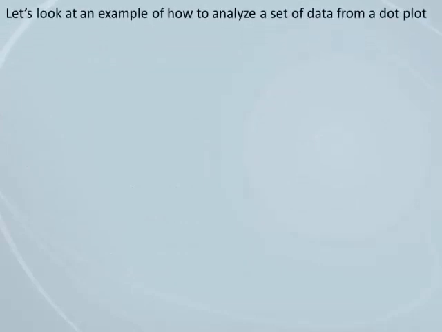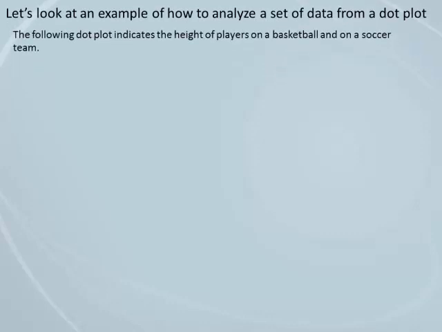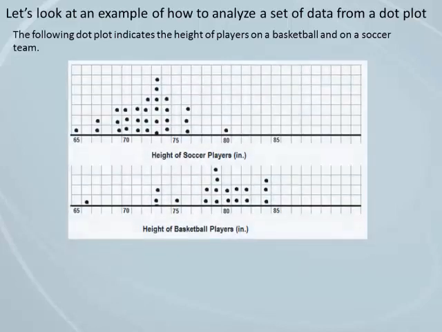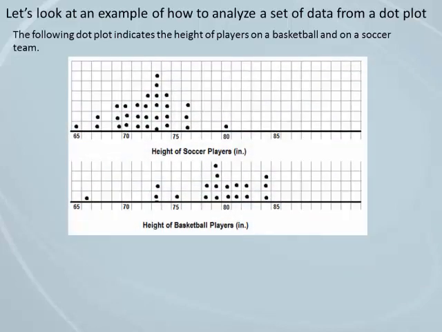So let's look at how to analyze a set of data from a dot plot. The following dot plot indicates the height of players on a basketball and on a soccer team. So we have the soccer players and we have the basketball players. And just looking at this, you might think, okay, on average, the basketball players are taller than the soccer players.